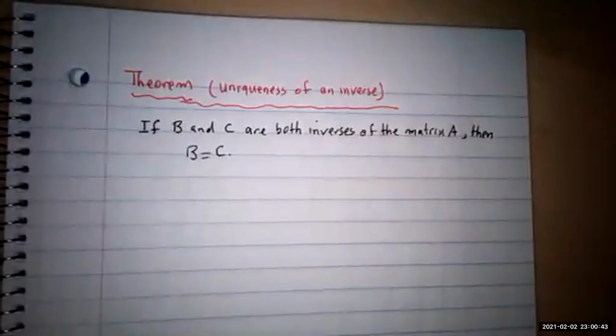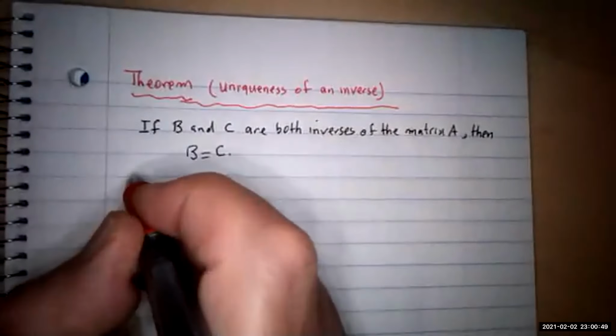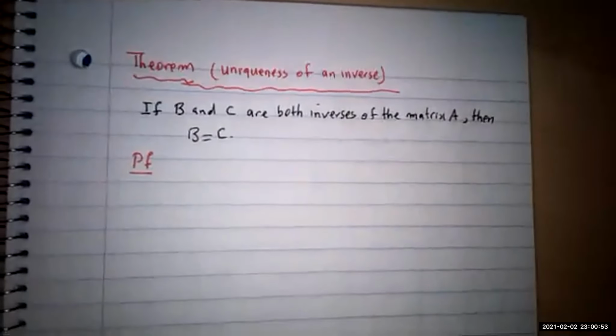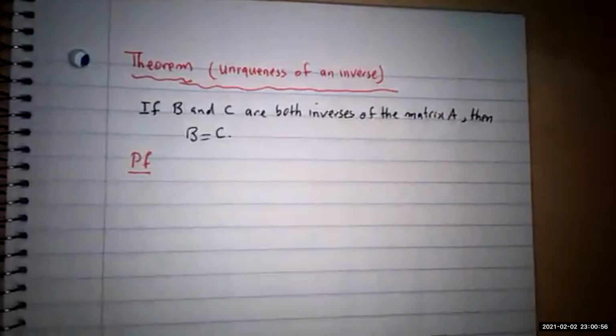Okay, so I'm going to prove both of them are the same. It's a nice proof, you see. So what is going to be the proof? Let's start with one of them.